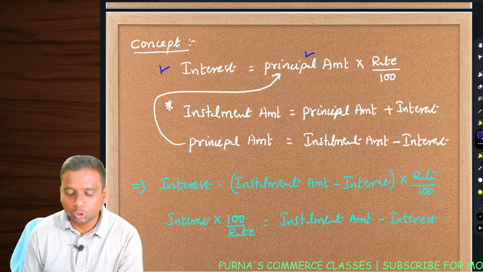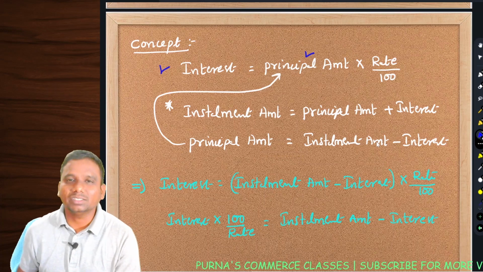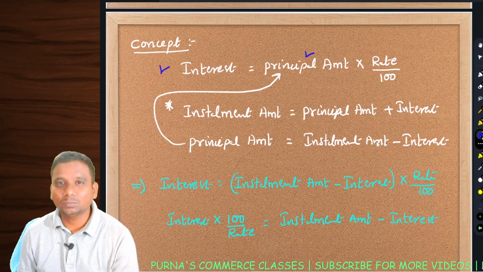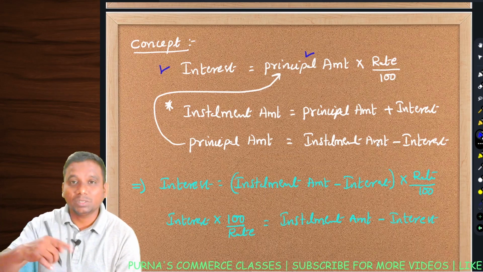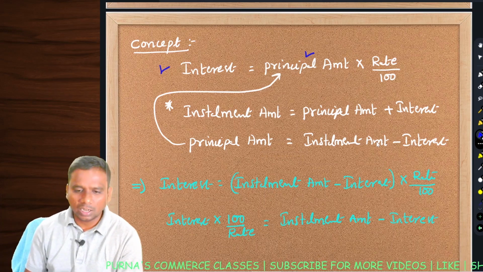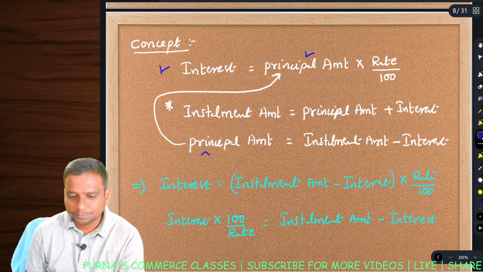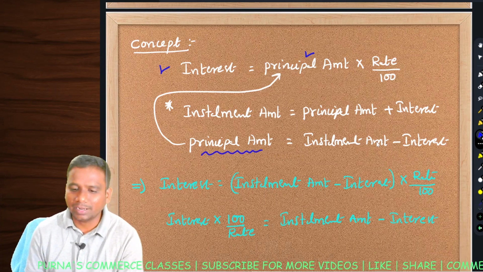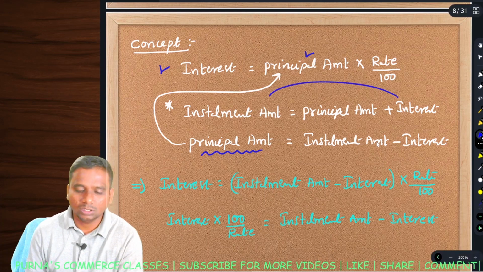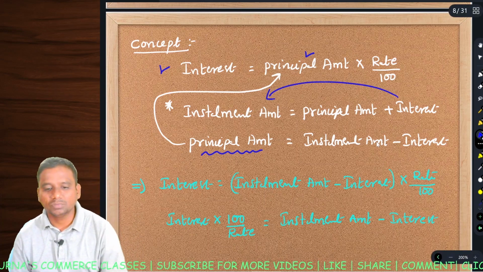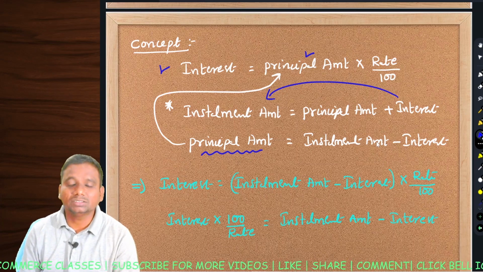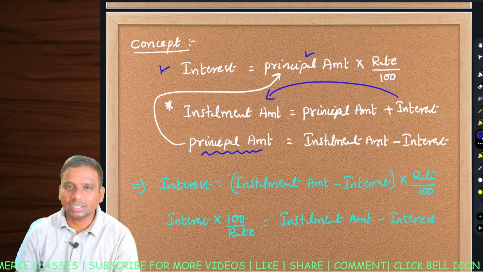Installment amount is equal to principal amount plus interest. Now take principal amount. So principal amount is equal to installment amount, I am sending this interest to the left hand side. Is it clear? So principal amount is equal to installment amount minus interest. Hope you are understanding. Right?